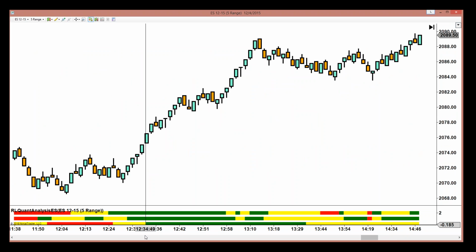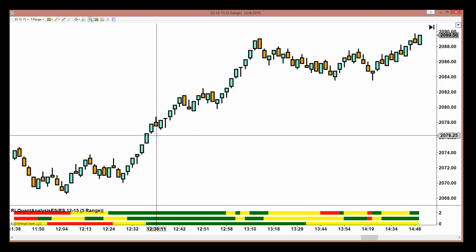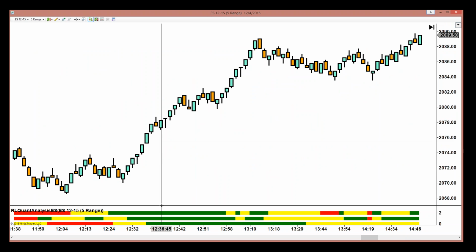alignment. Now right here, you have to remember that these lines are not even the E-mini. These are other markets. Now, if we've assessed them to move in the same direction, we get a green. You know, they will contribute a green. If it's the opposite, they'll contribute a green when the market moves up.